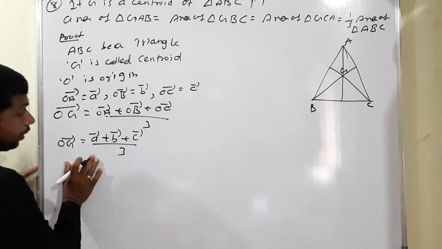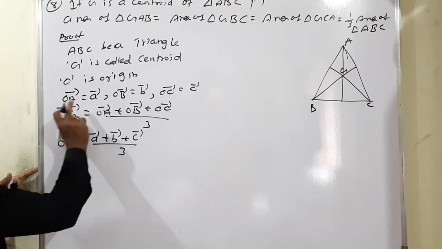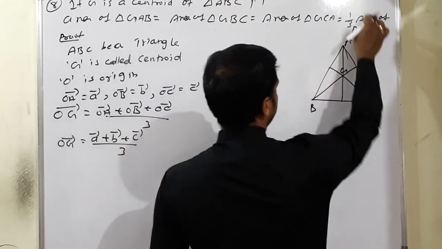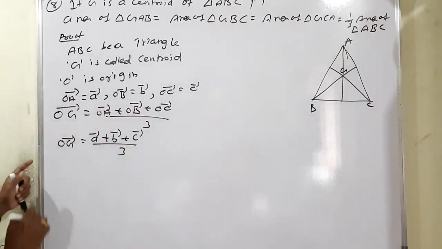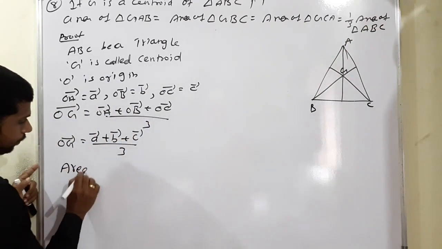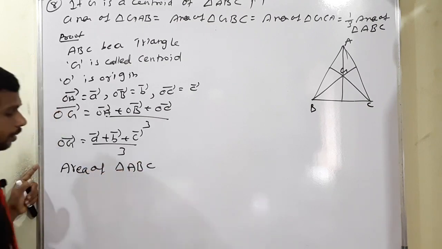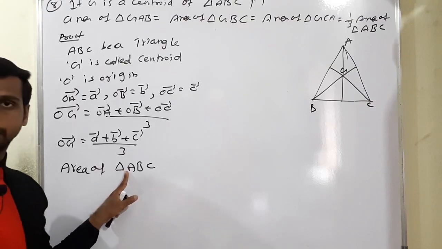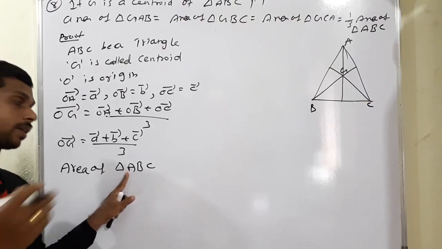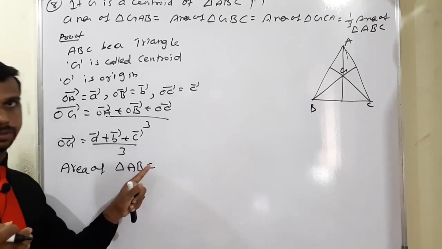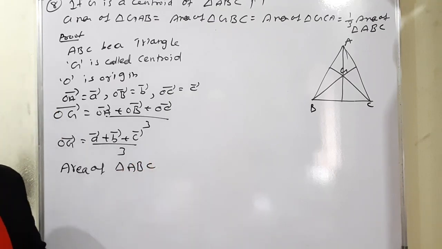After getting OG, OA, OB, OC, first we have to find the area of triangle ABC. Starting with A, it is AB cross AC; starting with B, it is BA cross BC; starting with C, it is CA cross CB.